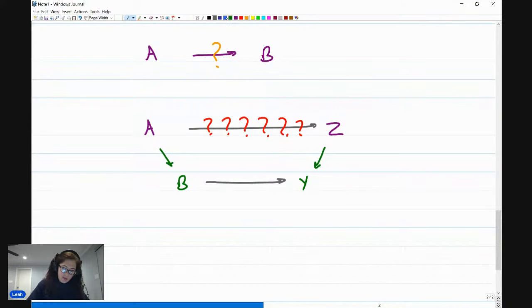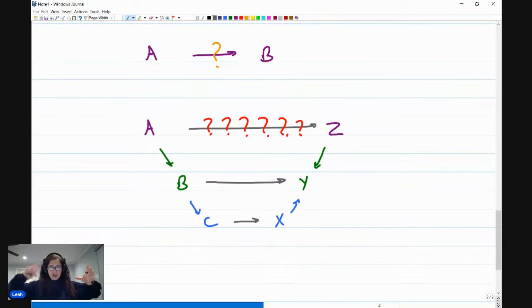And then what if I can then find a way to go from B to C and from Y back to X? The more you can think logically from the beginning and the end, the more the entire reaction will come together in the middle, the more likely you are to get it right. If you have the right questions to ask and the right approach, rather than just going all over the place and being overwhelmed and not knowing what to do.